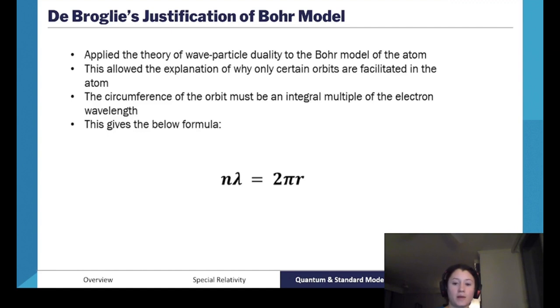So n must be an integral, or like a whole positive number. And then the electron wavelength is given by our symbol there. So of course we have an integral multiple of the wavelength is equal to the circumference 2 pi r.